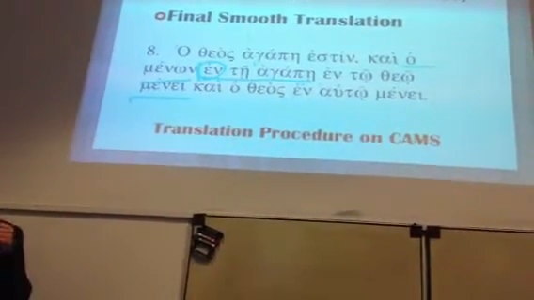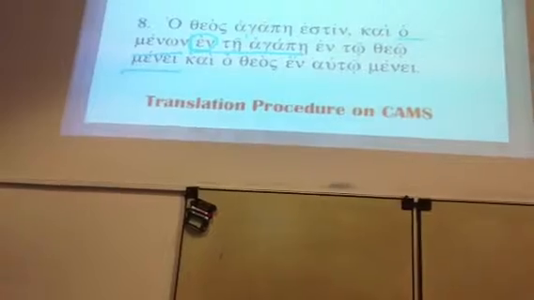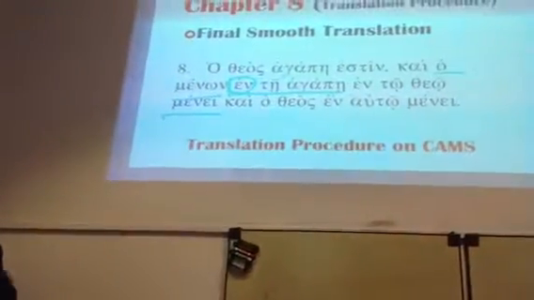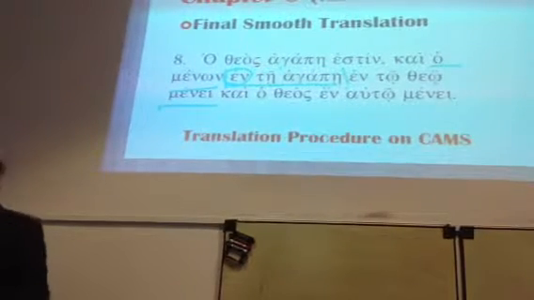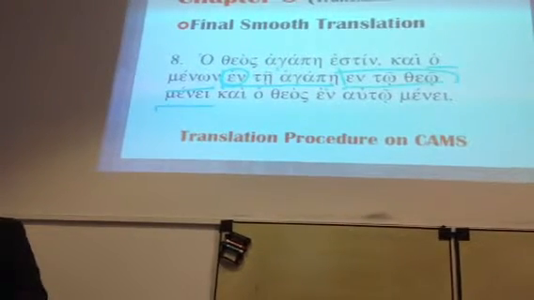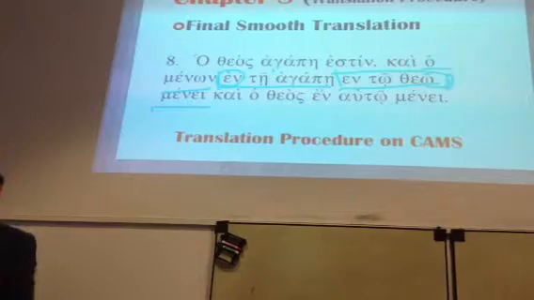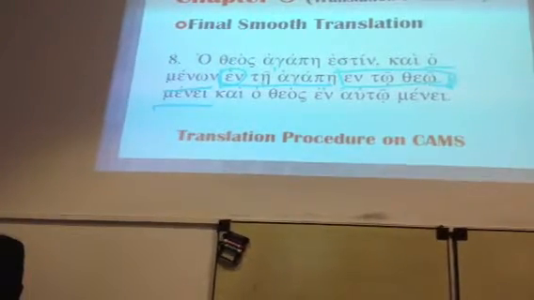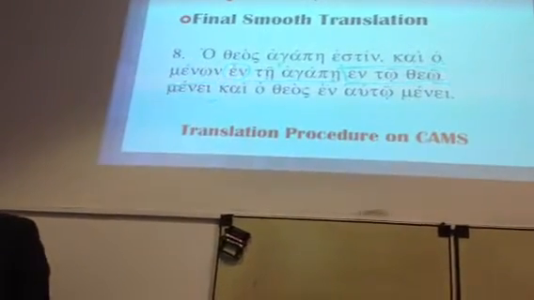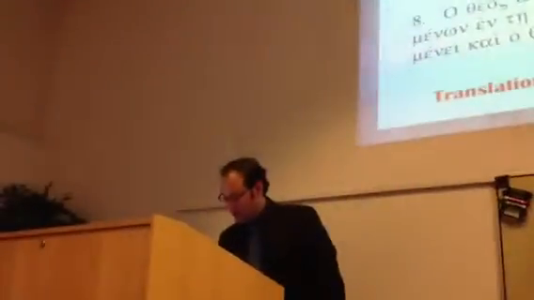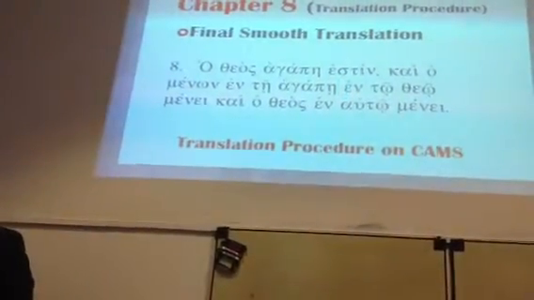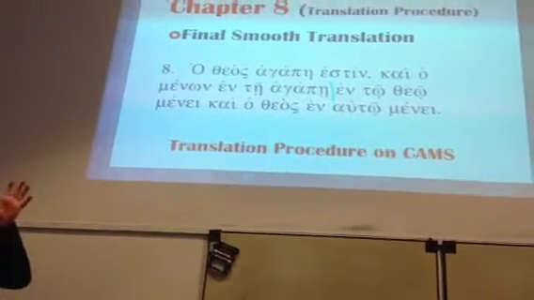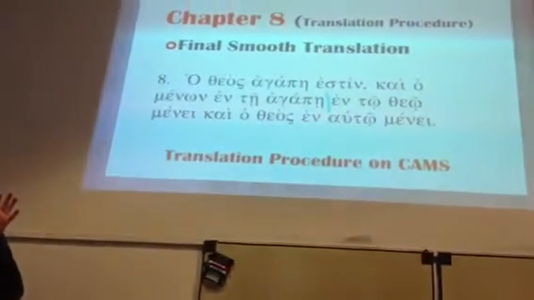In English, we would say the one remaining in love remains in God, because we're subject, verb, complement. Here, the emphasis, Greek does emphasis word order, is on remaining in God. It happens before its verb. So that's how that happens. Now, can it be a couple other things grammatically? Not really, but it's hard when you've got both of them back to back, figuring out which one goes with which verb.